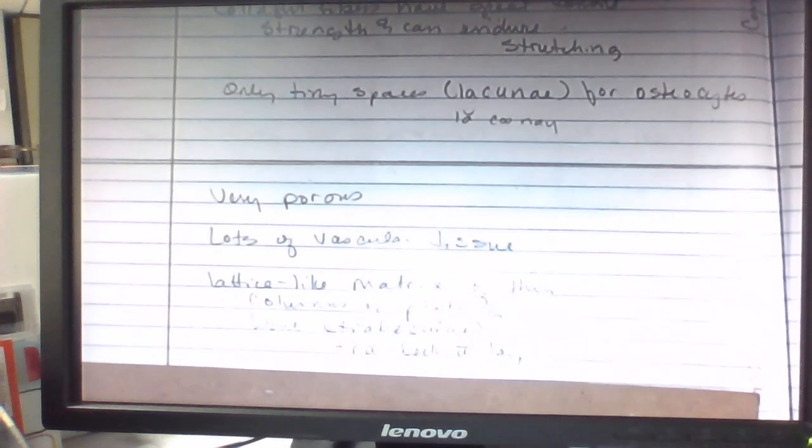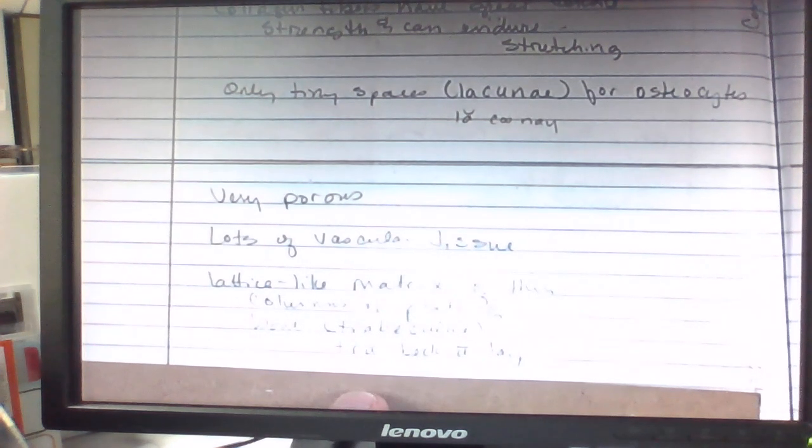So the matrix of spongy bone is more lattice-like. It's not as compact. And so that lattice-like matrix has little columns or plates of bone. Those columns or plates of bone are called trabeculae. Lacunae were the bitty spaces for osteocytes.